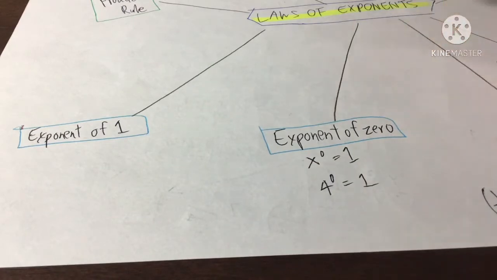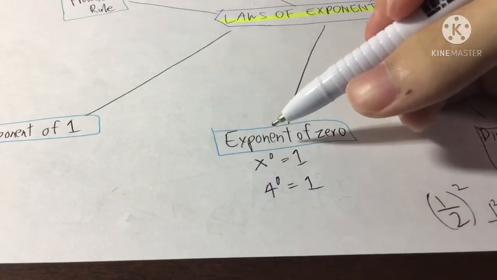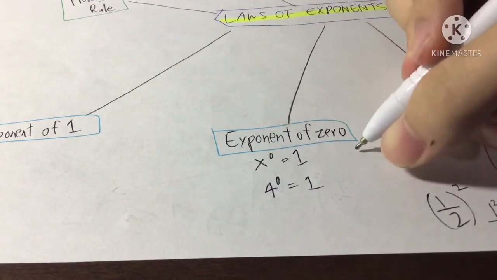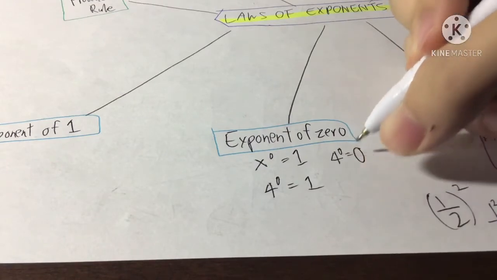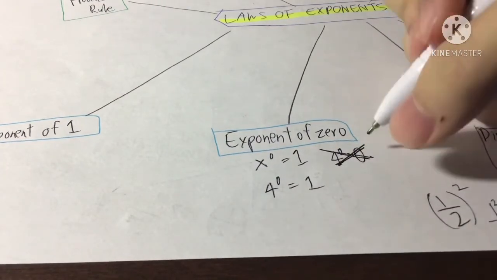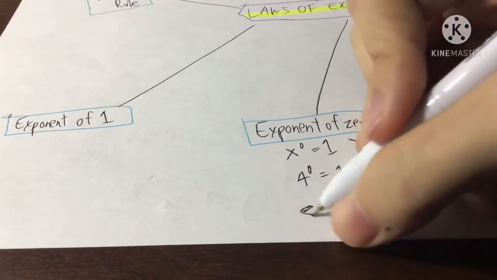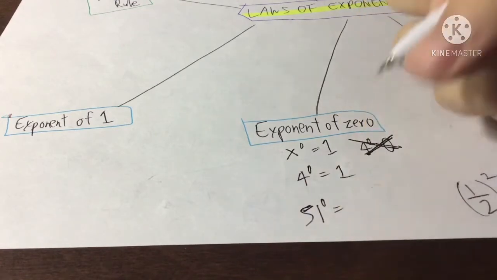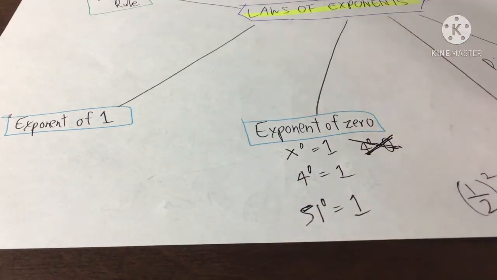Usually, the mistake of students here is that whenever they see an exponent of 0, they consider the base as 0. So example, 4 raised to 0 is equal to 0. This is wrong. We'll have to take note of this, okay? And another example, 51 raised to 0 will be equal to 1. That's it for the exponent of 0.